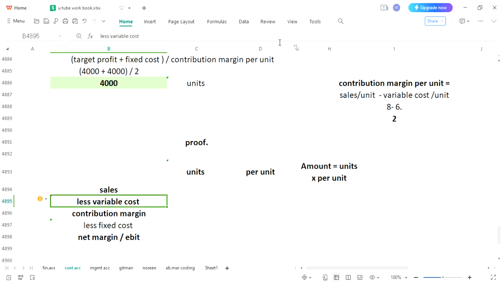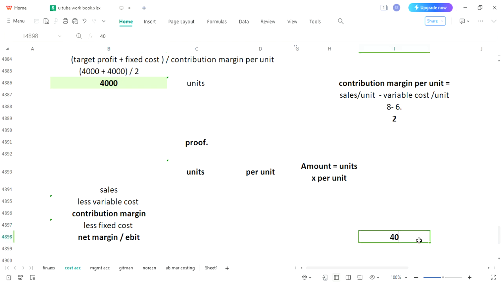So guys, we are going to put values over here. Since we have decided that when we manufacture 4,000 units, we will get a profit of 4,000, for the time being we are writing 4,000 over here, just to make sure that our answer should be equal to 4,000 as we are proving it.